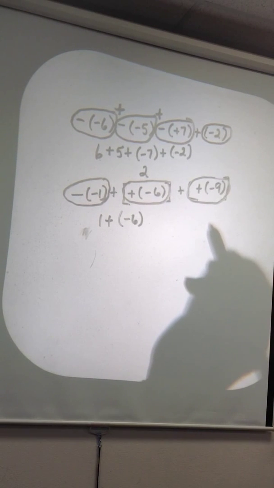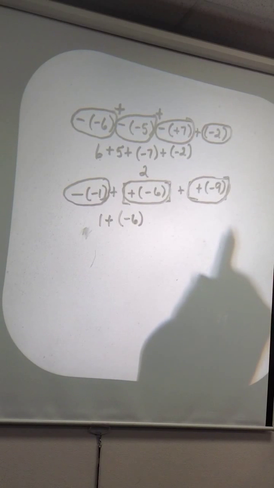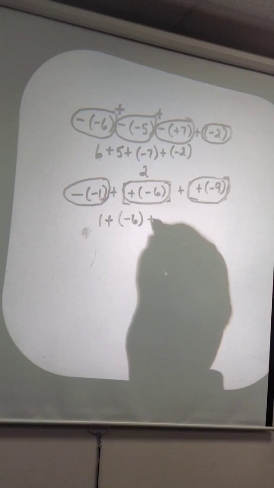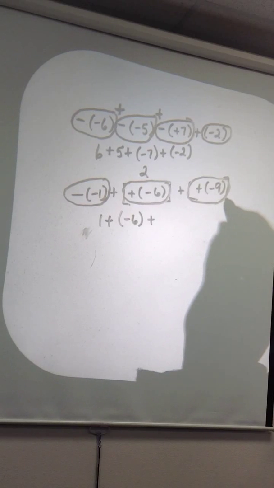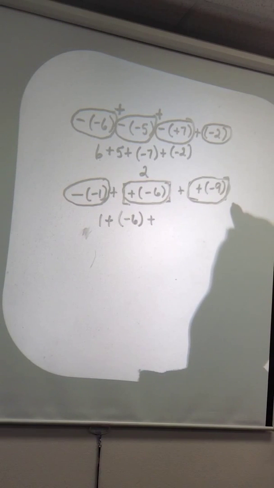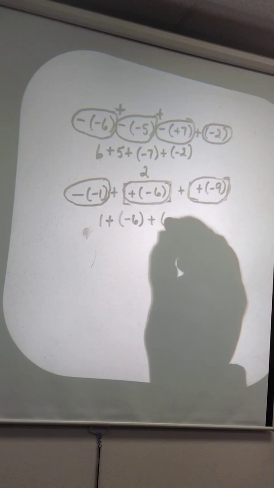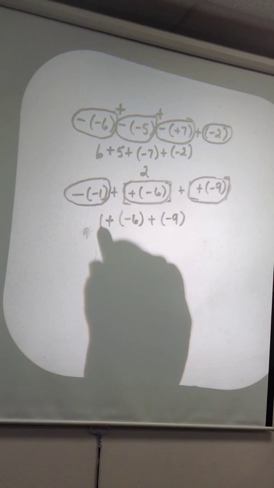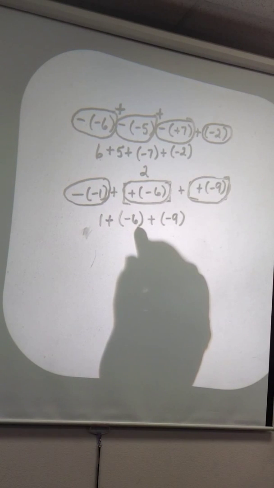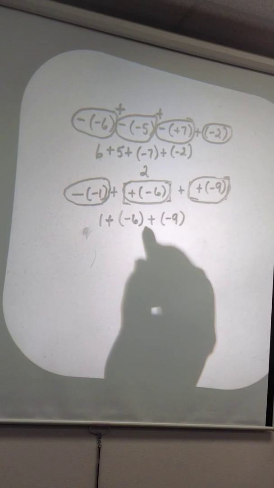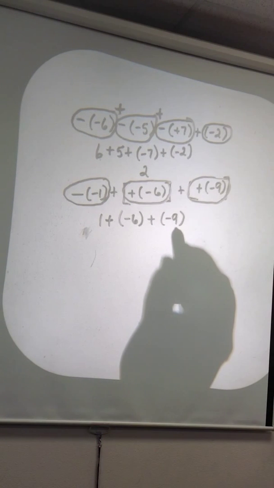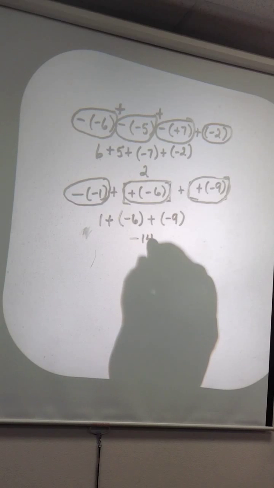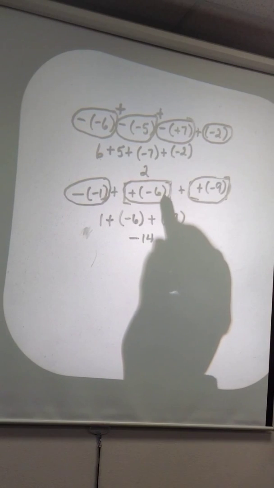Wait, I'm confused. Let's get through and then we'll go back and take the question, okay? Plus, what are we going to add here? -9. Okay? So you're going to have 1 plus -6 is -5, plus -9, -14. I think your confusion, Georgia Lee, is what does this mean plus a -6, right?